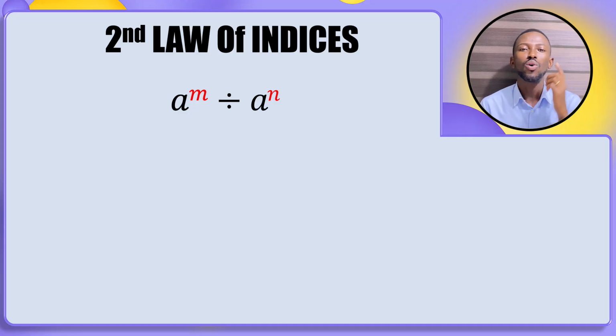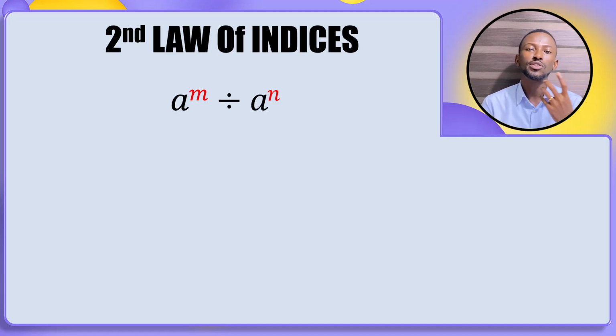So what that law means, or how we apply it, is this. If you have two numbers that have the same base, for this one it is a to the power m divided by a to the power n. Their bases are the same, the bases are a, and the exponents are different.